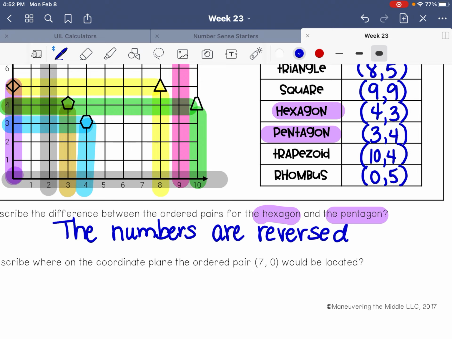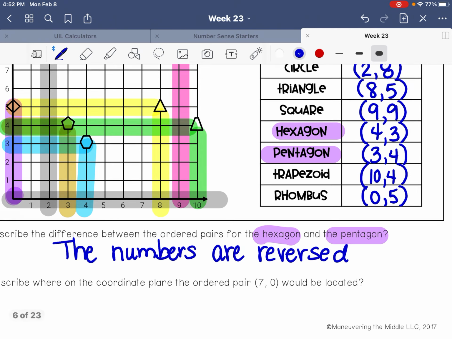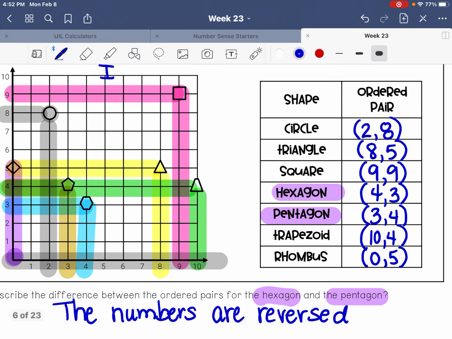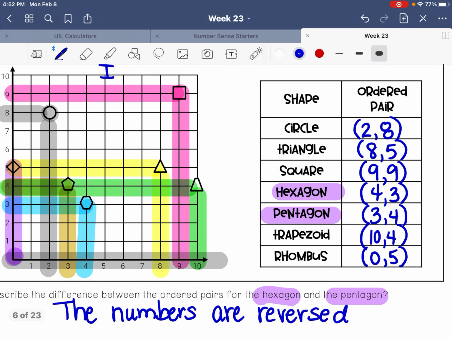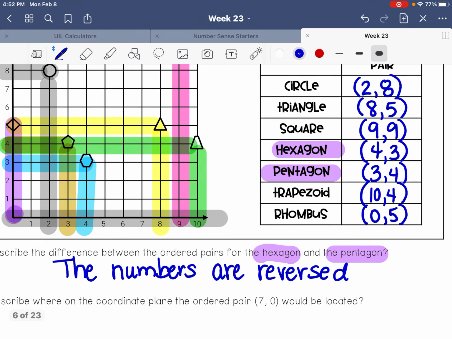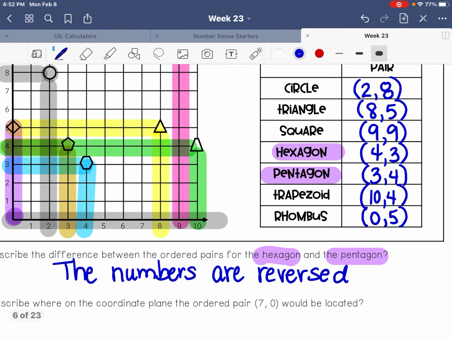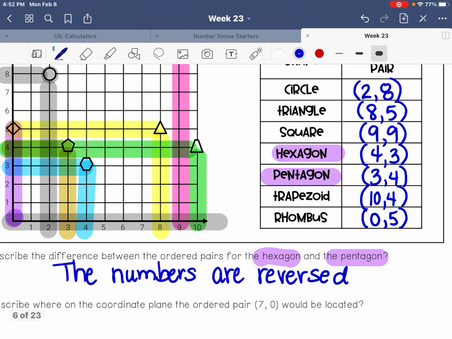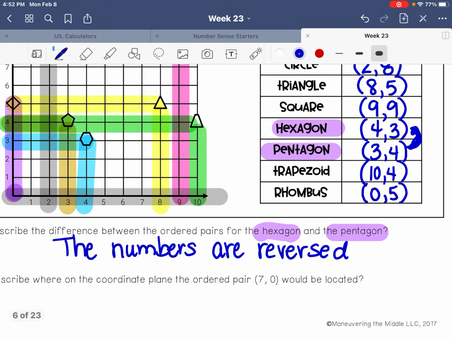You cannot switch the x and y coordinates, or you will wind up putting your points in the wrong place or naming them the wrong location. So the x coordinate has to go first, the y coordinate has to go second. If you notice that the hexagon and the pentagon have the same numbers but they're in different locations, that's because the x is different and the y is different.